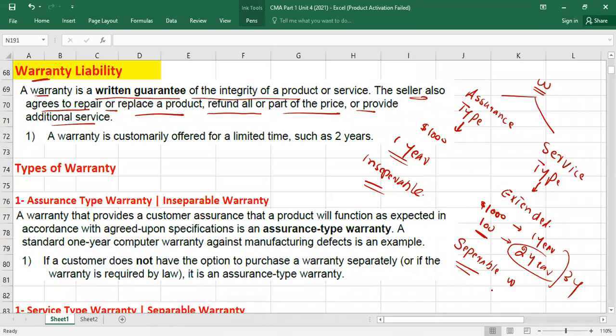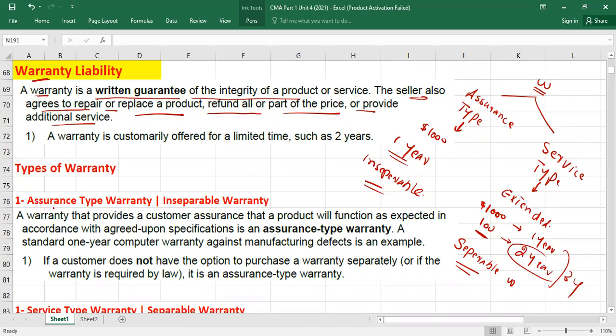That is why the accounting for assurance type warranty is different and the accounting for service type warranty is different. In your exam question, he will never mingle these two things together. He will give you separate questions. Either the question will be tested on assurance type or on service type. So let's first start with the assurance type warranty.